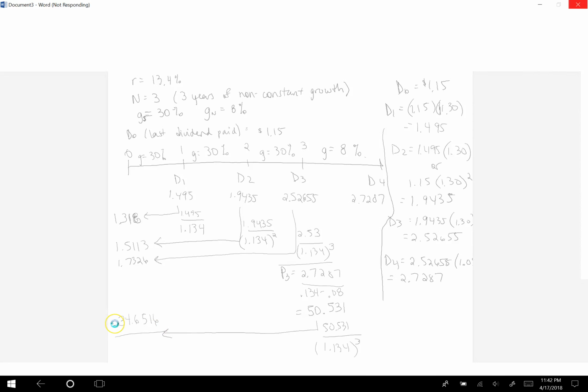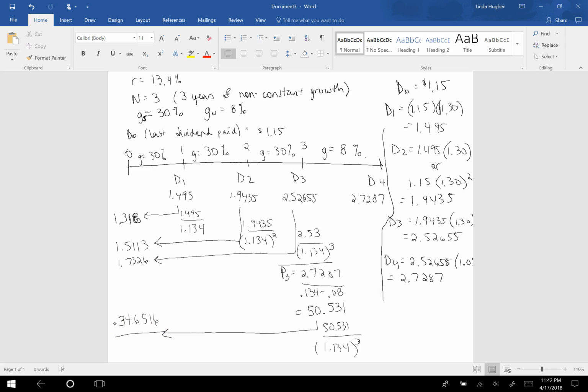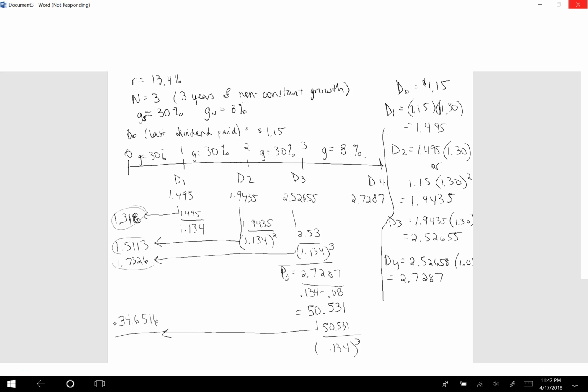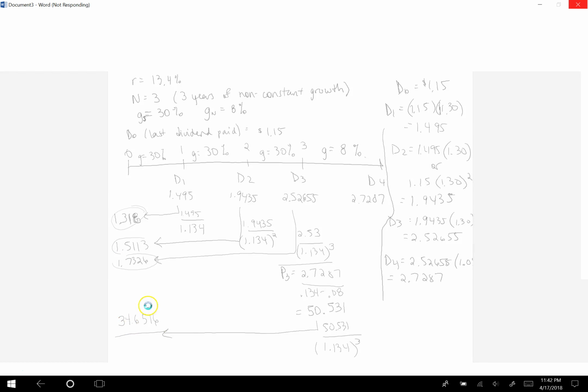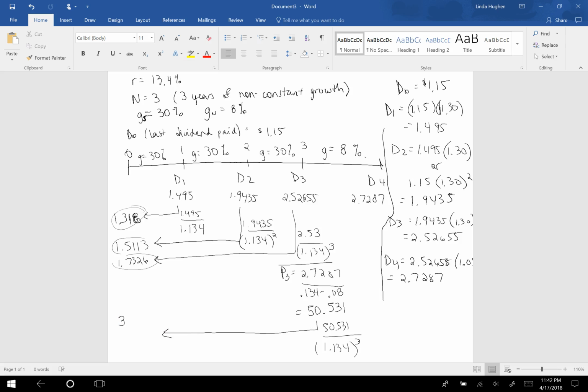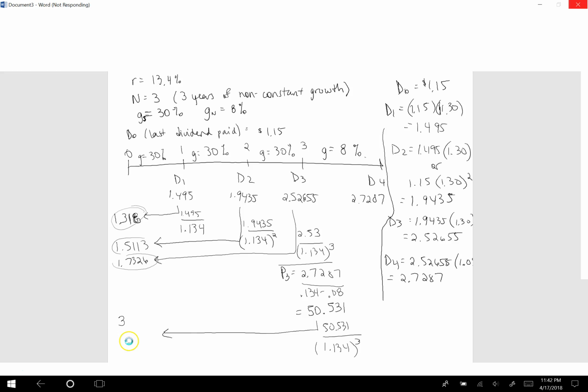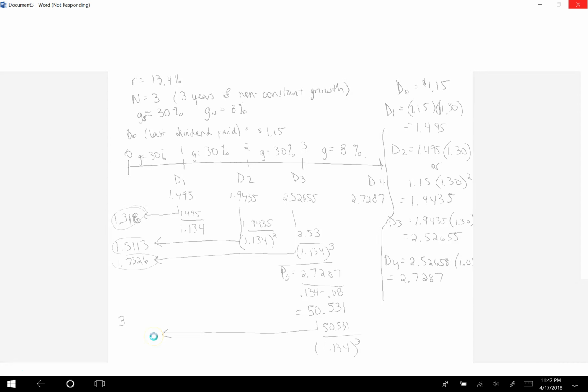So I'm going to sum up my dividends, the present value of D1, present value of D2, present value of D3, plus the present value of the stock once it becomes a constant growth stock. And when I sum these up, I get the price today of this stock, which is $39.21.